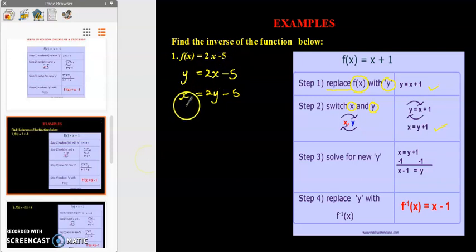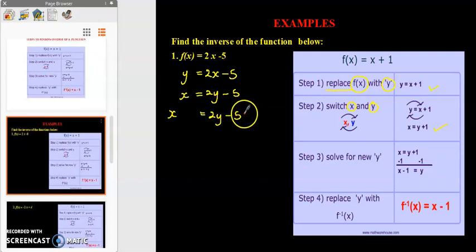In this case, we need to get y by itself. So we have x equals 2y minus 5. In order to get y by itself, we have to move the minus 5 and also the 2.